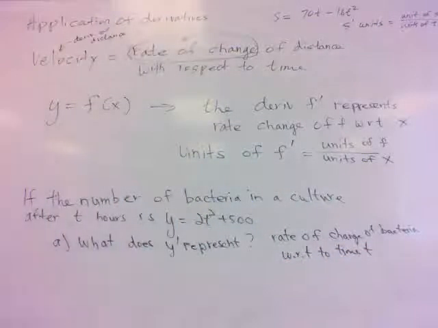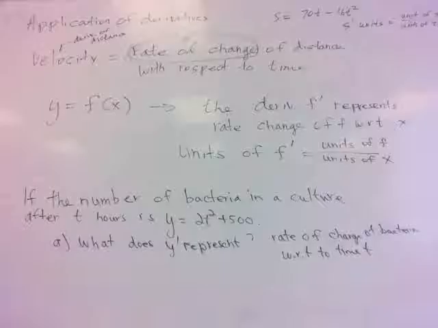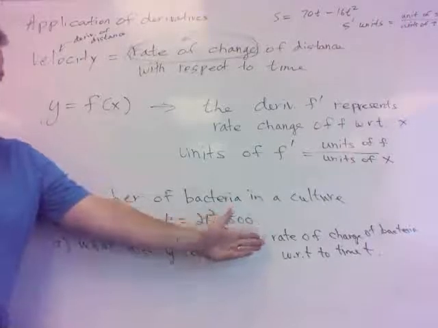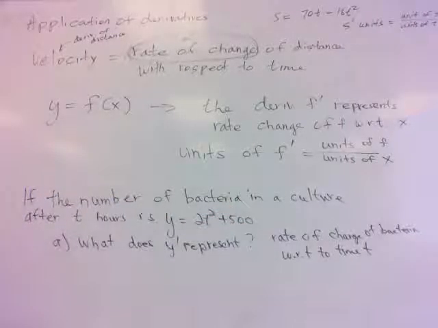Okay, so if I find the derivative at hour 2, it's going to be the rate of change of the bacteria. How fast the number of bacteria is changing.